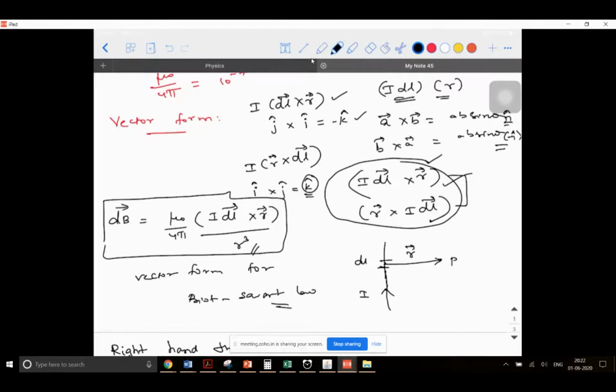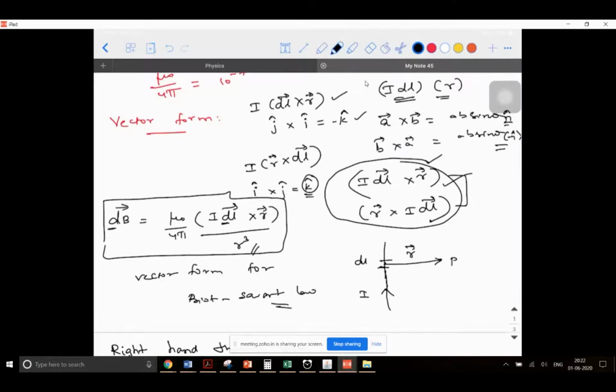So dl is generally called the current carrying element. And one more important point: when you're applying this formula, if it is dl here it should be dB. Please make a note of it, because dl will generate a very small value of magnetic field. So there is a vector form for Biot-Savart law.